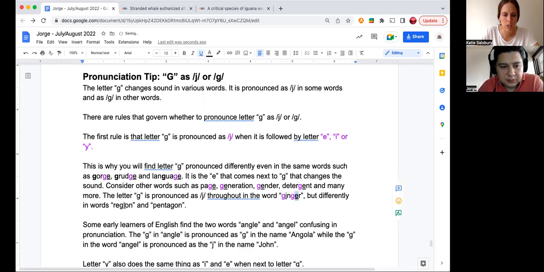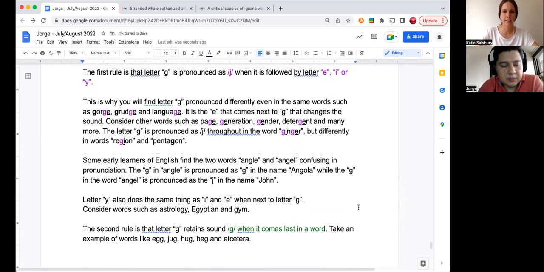And then we have religion, that's followed by an I, and pentagon. So this one is different. Pentagon, and this is religion. All right, continue.